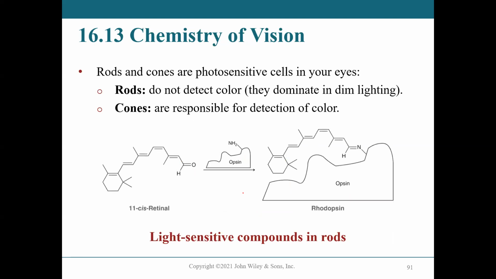Rods and cones are photosensitive cells in your eyes. Rods do not detect any color. They dominate in dim lighting, and cones are responsible for the detection of color.